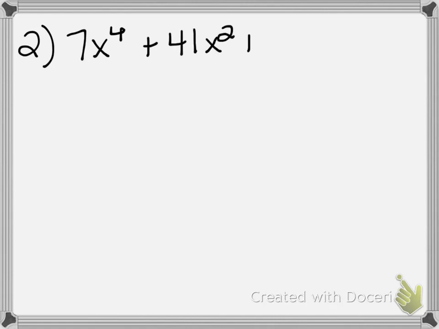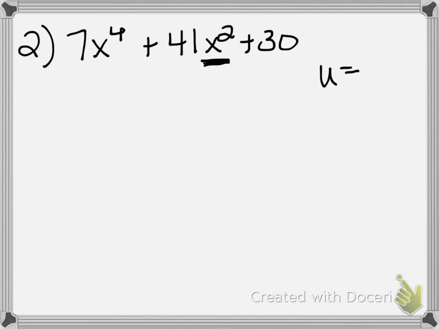Let's look at another one to factor. I have 7x to the 4th plus 41x squared plus 30. Again, I need to do a substitution. We're going to use u because that's typically what they use at the college level. Remember, I'm going to look at what my linear term is. Normally it's my linear term; right now it's obviously x squared.